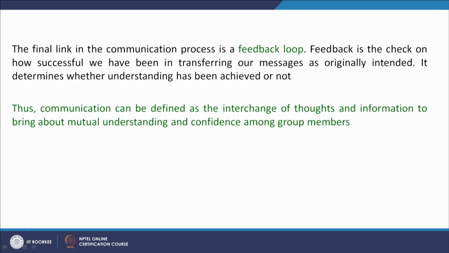So, communication can be defined as the interchange of thoughts and information to bring about mutual understanding and confidence among group members. Why confidence? Because when the message is received in a very correct form, then the interpretation is also correct, which actually builds confidence and trust in the other person.